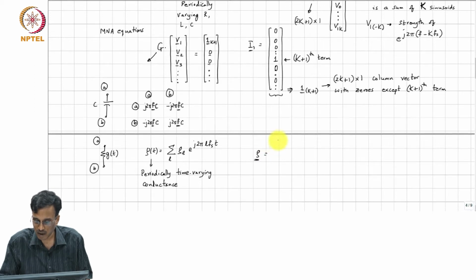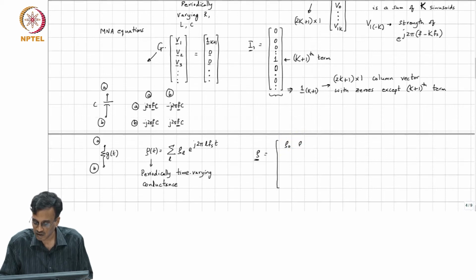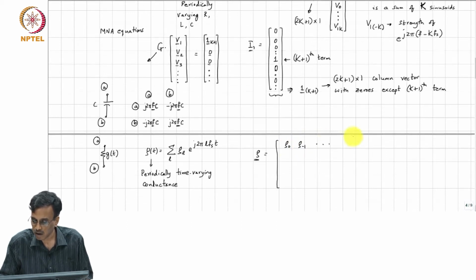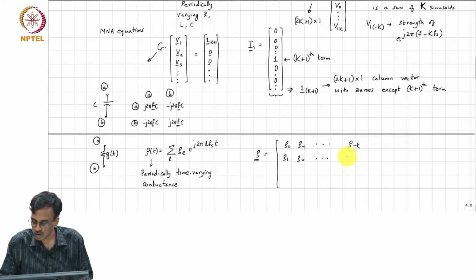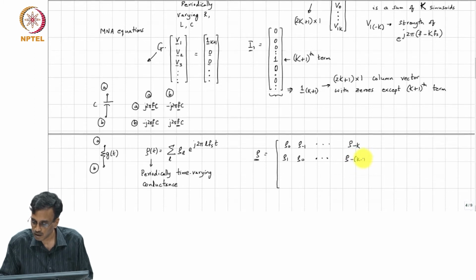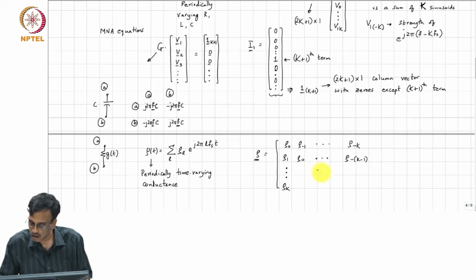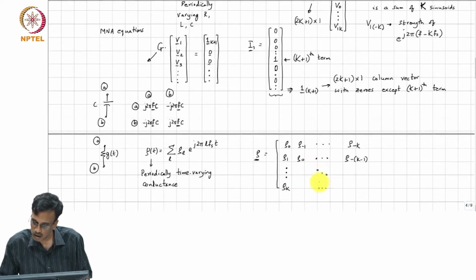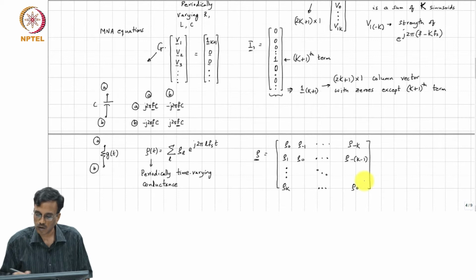these numbers can be put in a matrix like this. So, this is G 0, G minus 1, and so on up to G minus capital K, then G 1, G 0, G minus K minus 1, and all the way down here you get G K, and this becomes G 0, right.